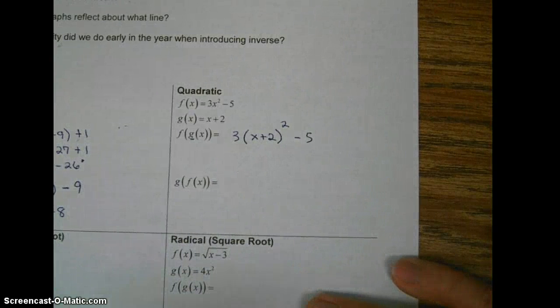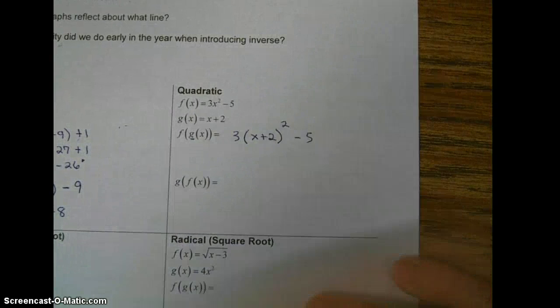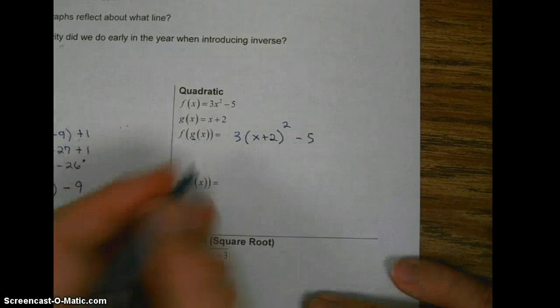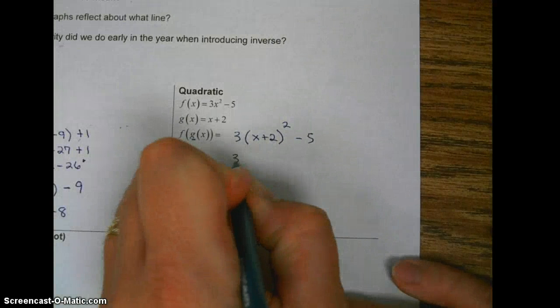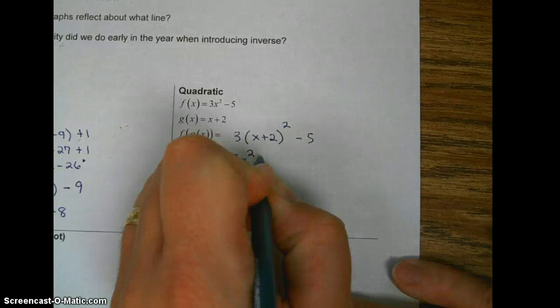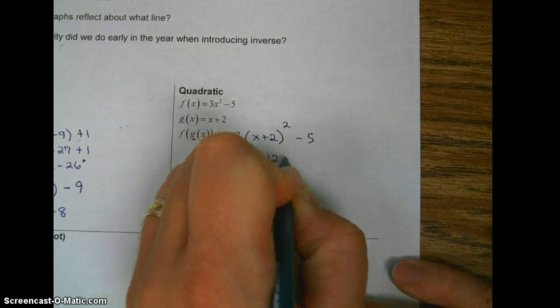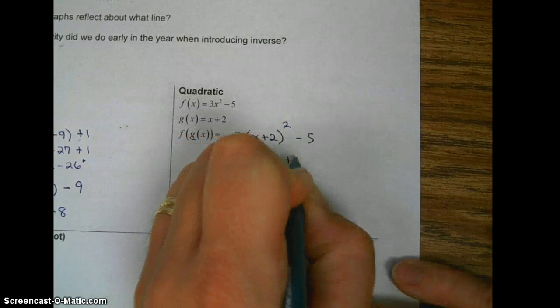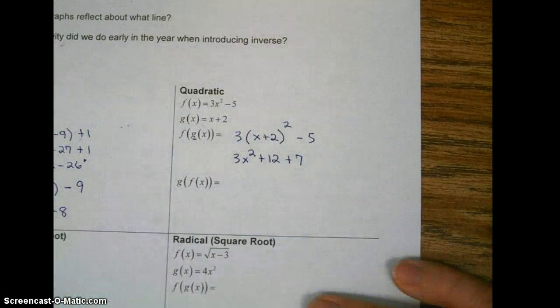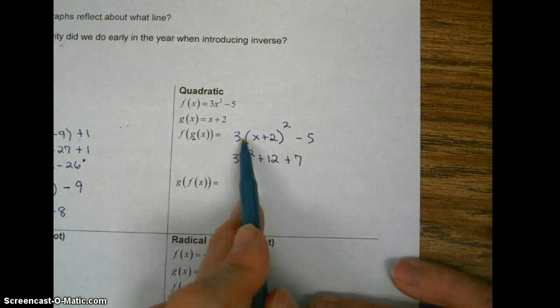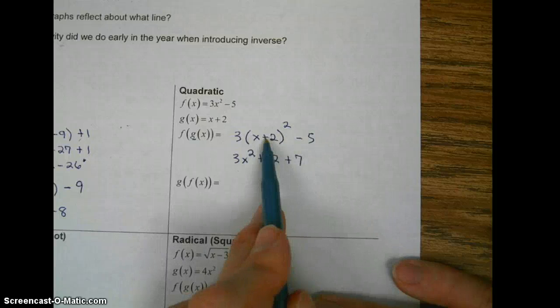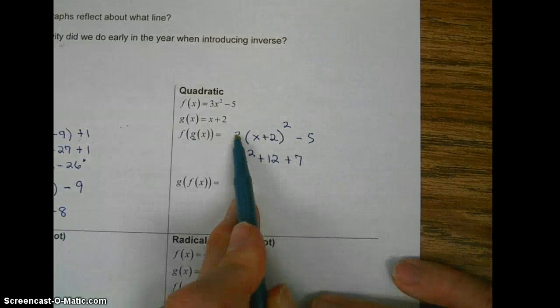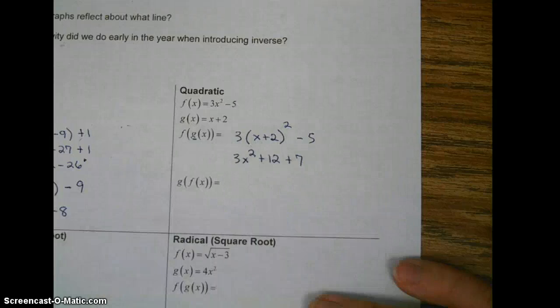All right, and then we can simplify this, and we should end up with 3x squared plus 12x plus 7. So make sure you do all the work here. Make sure you square your binomial, multiply through by 3, and then combine like terms.